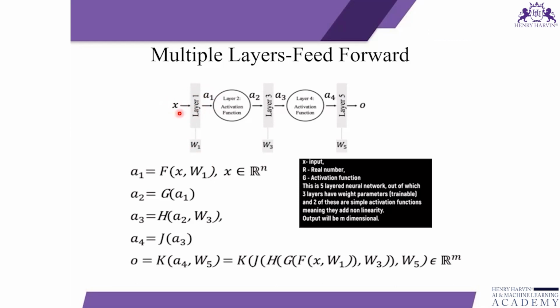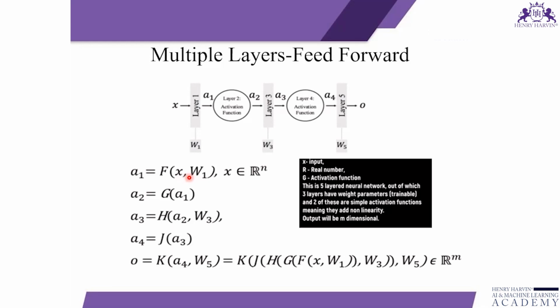Now what happens in the first layer? Let us understand that we have a function of x and w1. Now this can be a fully connected layer or a convolutional layer and so on. So let's think that it is a fully connected layer. We have a linear function, which means it will be simply w1 and x.